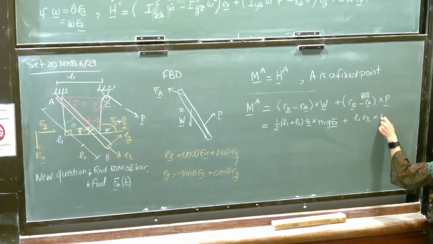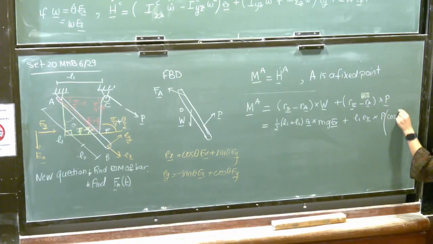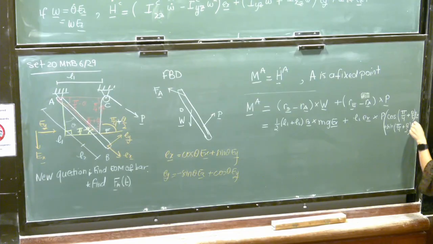Magnitude P times cosine pi by 4 plus theta over 2. Oh, yes.